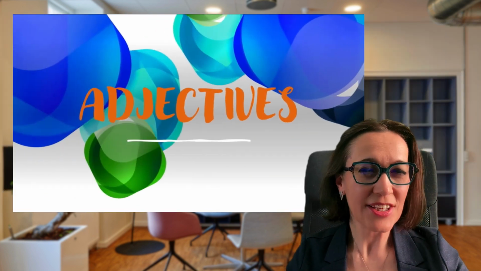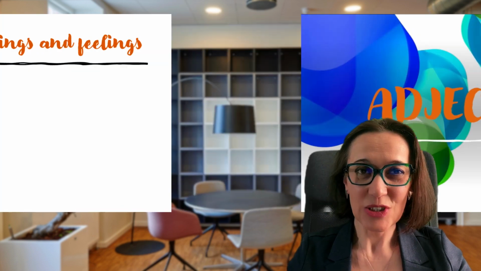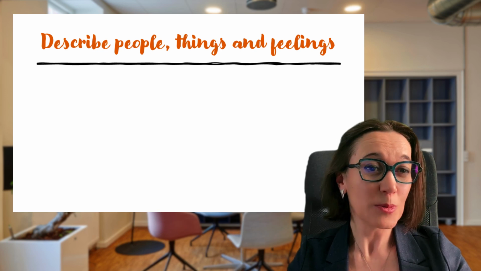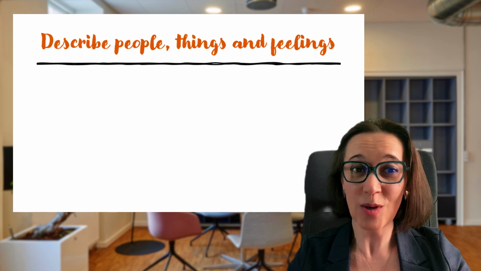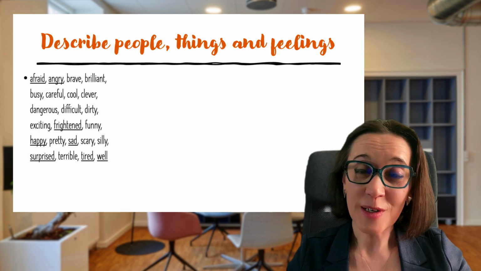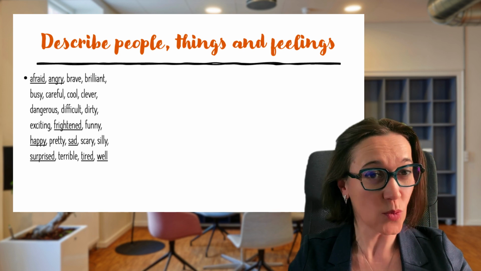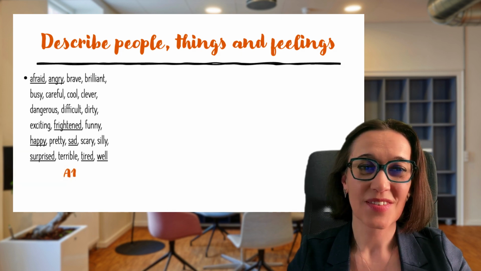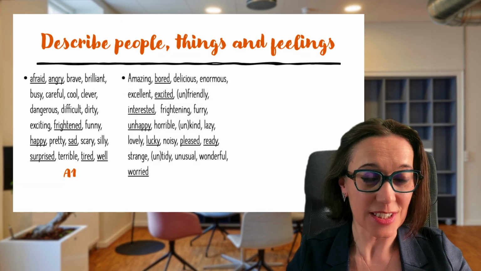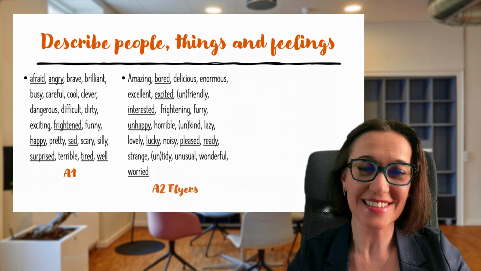Adjectives make your story colorful, don't they? Take a look at 3 lists of adjectives that you must use to describe people, things, and feelings. The first one is taken from the A1 word list. The second one has a list of adjectives that belong to the A2 Flyers word list.